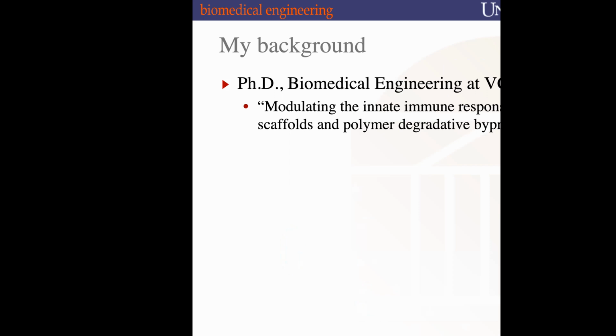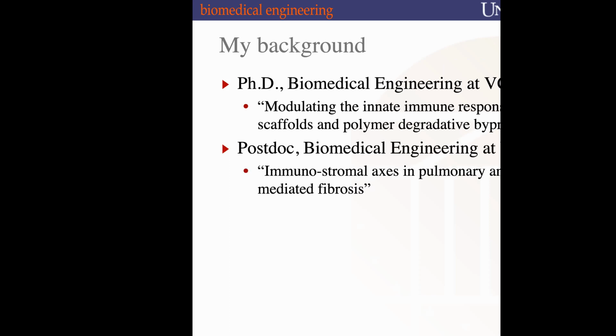And I didn't realize it at the time, but the field of immunoengineering was taking off. And so I've kind of hopped on board, and that's kind of where I've been now. And now I'm doing my postdoc here at BME, back at UVA, looking at immunostromal axes. Basically, that's a crosstalk of immune cells to fibroblasts and cells that make scar tissue or new tissue, and what that looks like in lung fibrosis or in biomaterials.